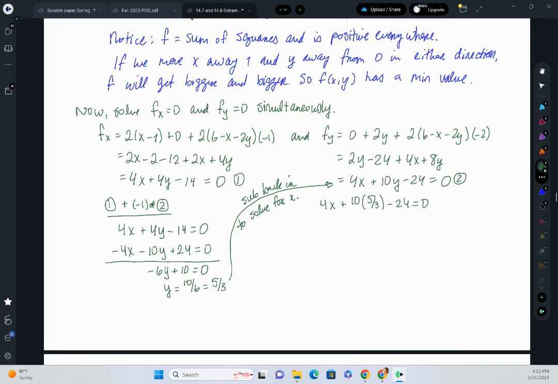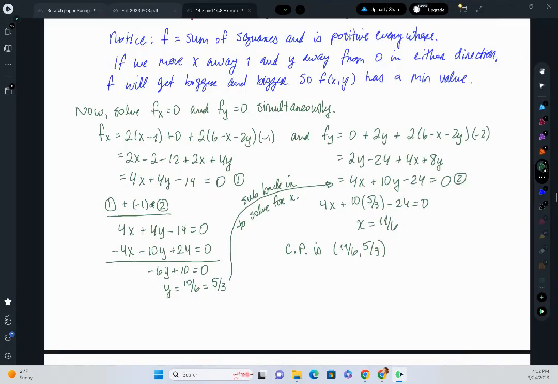Okay. When I solve that, work it all the way through, let's see, x will be equal to 11 over 6. Okay, so my critical point, and I only got one, my critical point is the point 11 over 6 with 5/3.